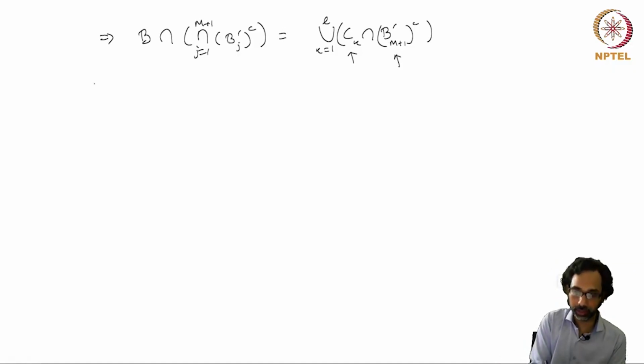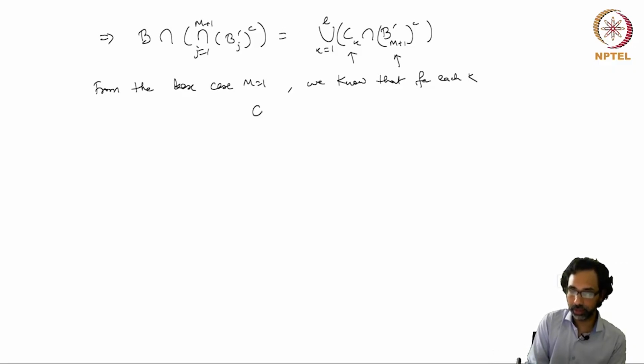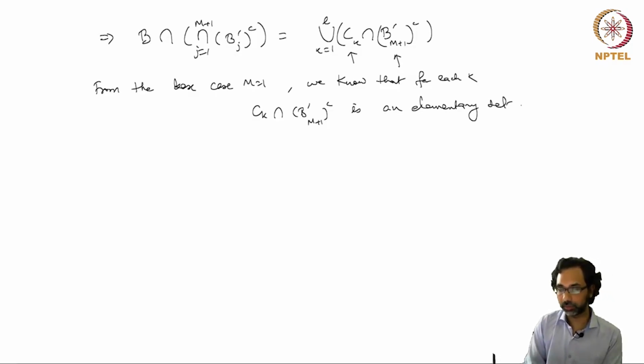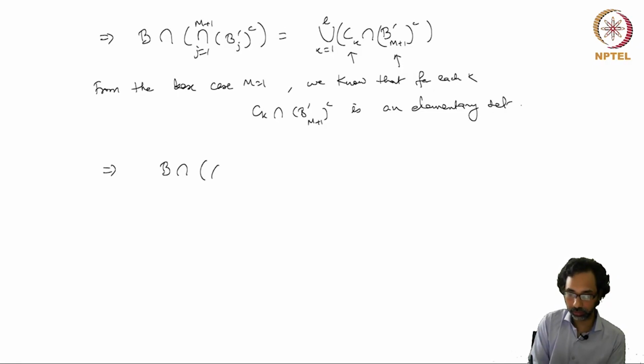So we have already proved from the base case, m equal to 1, that for each k, Ck intersection B prime m plus 1 complement is an elementary set. So we have already shown this. Therefore, now we have again a finite union of elementary sets. This implies that B intersection of m plus 1 Bj prime complement is an elementary set.